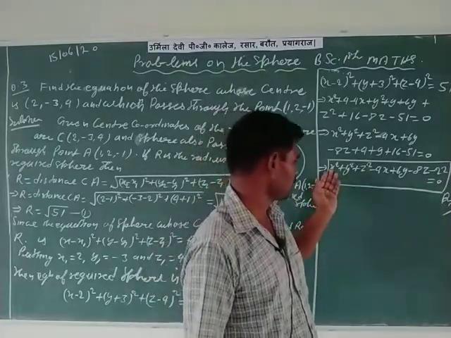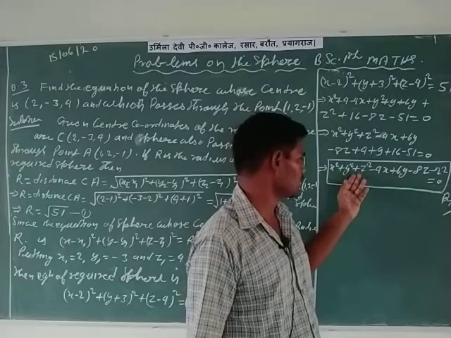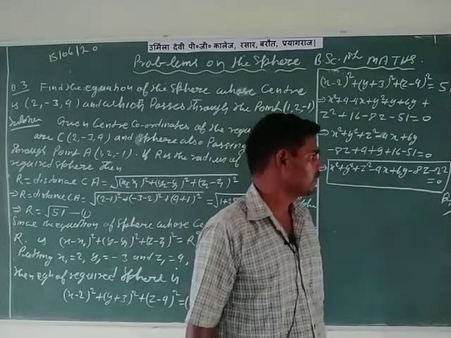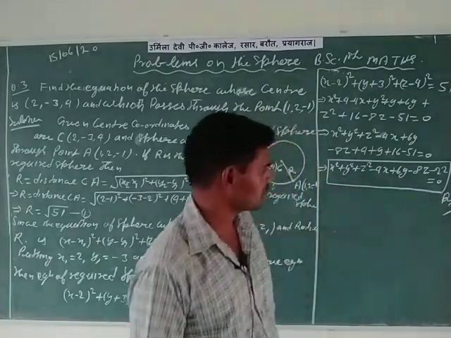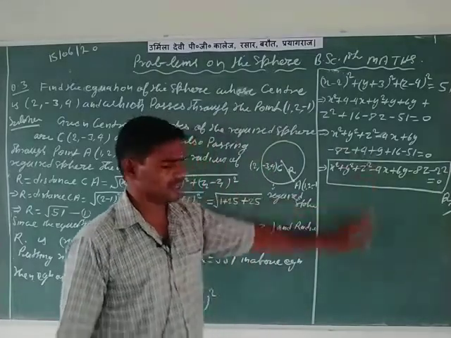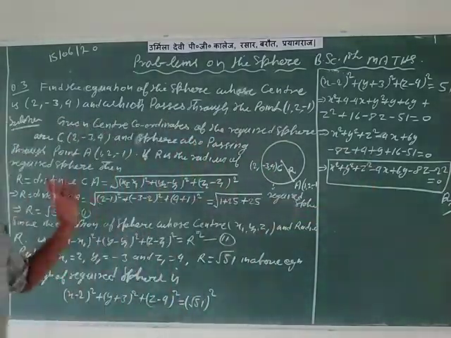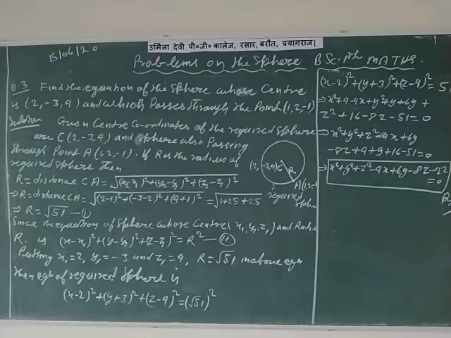So the required equation of the sphere is x square plus y square plus z square minus 4x plus 6y minus 8z minus 22 is equal to 0. This is the complete solution of this question. After this, we take the next question.